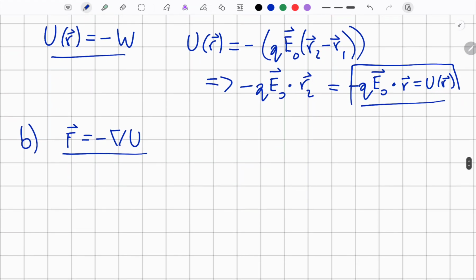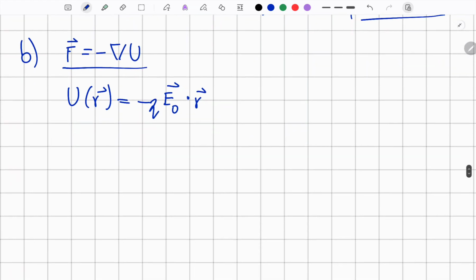Our potential is negative Q E naught dot R. If we want to take the gradient of our potential with respect to R, you can turn this into X, Y, and Z and then take each component that way. When you take the gradient with respect to R, that just gets rid of the R.